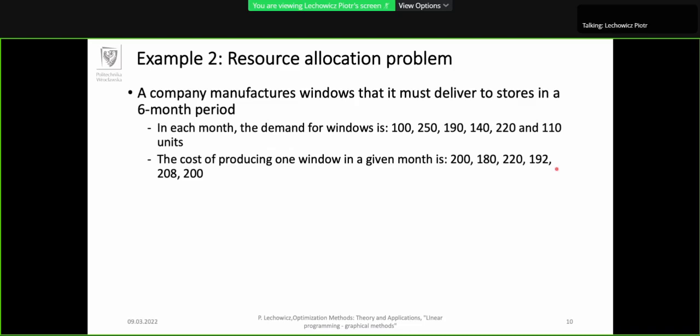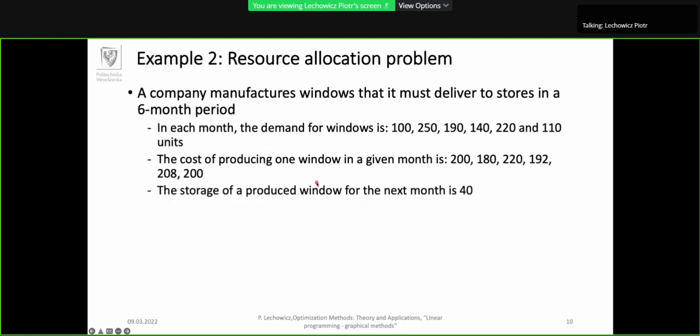Of course, it's a little bit unrealistic example because we know the cost in advance. However, without such knowledge, such problems are very, very complex when we cannot predict how the variables will change in the future. In such a case, we have dynamic problems which are much harder to solve.